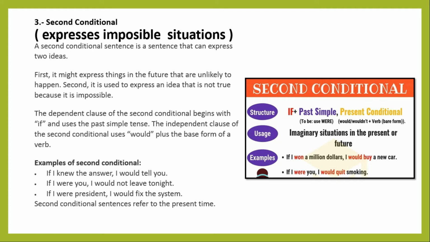Good. So, I am going to use if plus past simple. If I won $1 million, comma, always comma, because I am separated and I need that result clause, I would buy a new car. I would buy, it's a present but conditional.